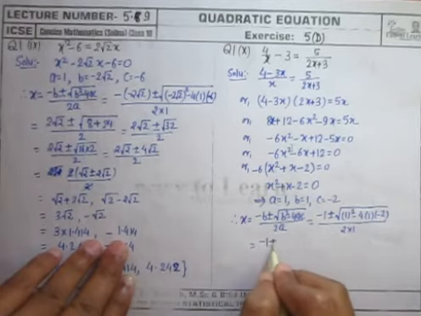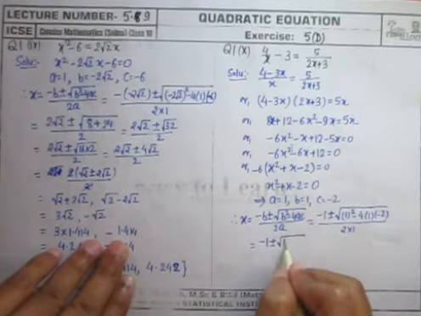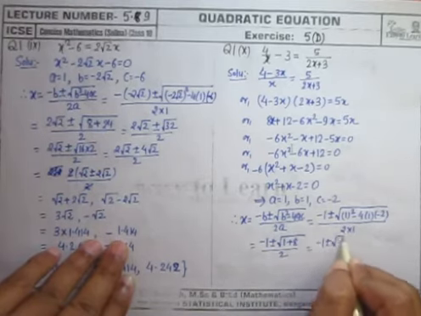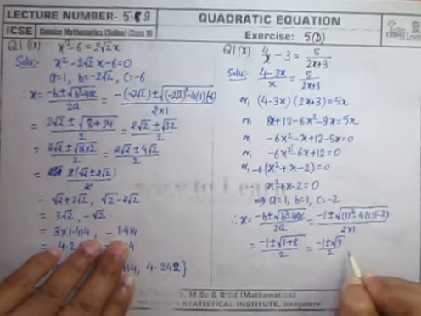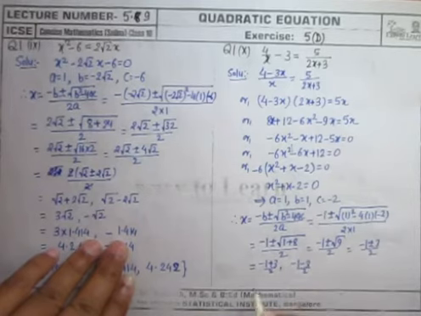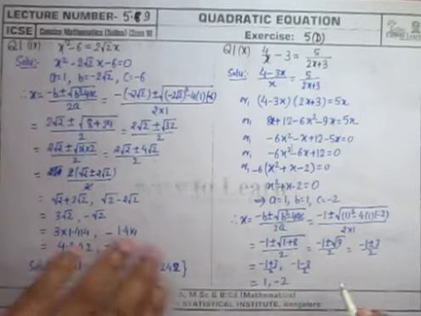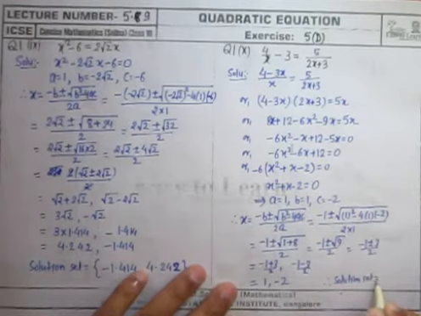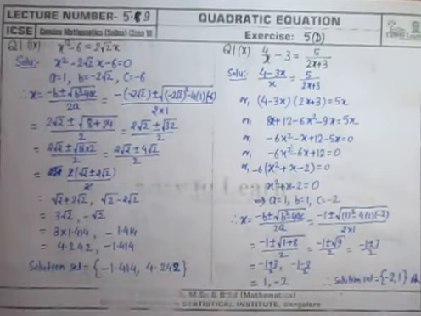So minus 1 plus minus root under 1 plus 8 by 2. So minus 1 plus minus root 9 by 2. So it will be minus 1 plus minus 3 by 2. So one answer will be minus 1 plus 3 by 2, and minus 1 minus 3 by 2. So the answer is 2 by 2, that is 1, and it is minus 2. So the solution set is curly bracket minus 2 comma 1. Answer.